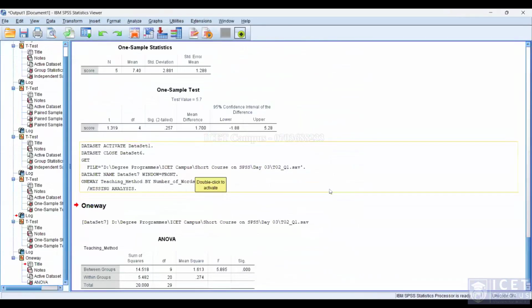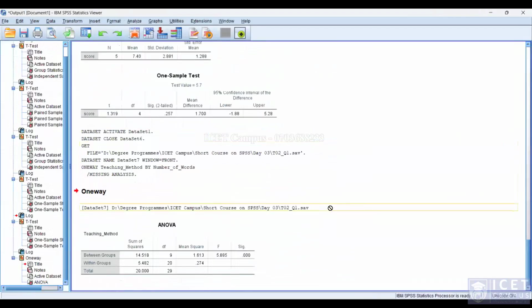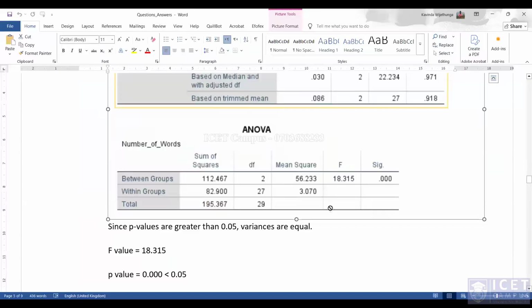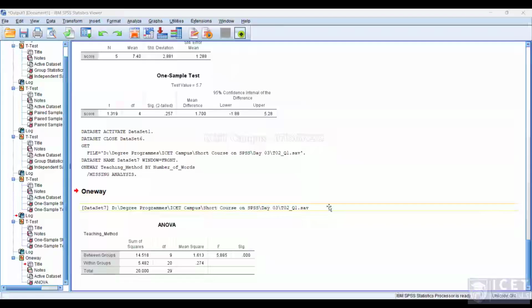Okay. Sum of squares. It's a different value. Why is that?